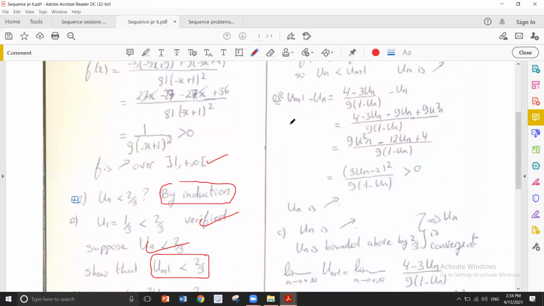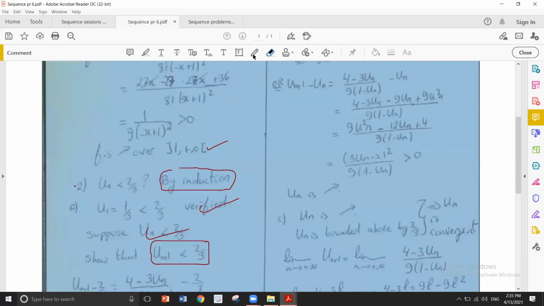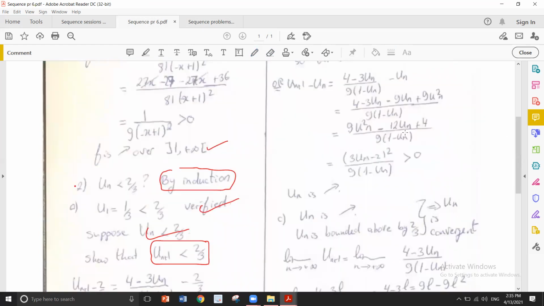I will do it by two methods. Here is the usual method: un plus 1 minus un. un plus 1 is 4 minus 3 un over 9 into 1 minus un, minus un.